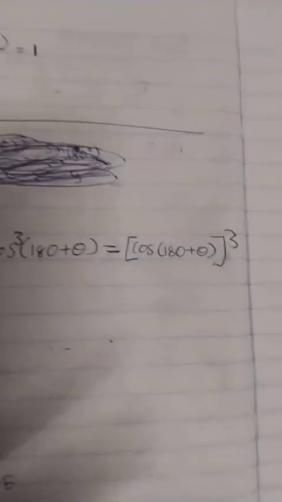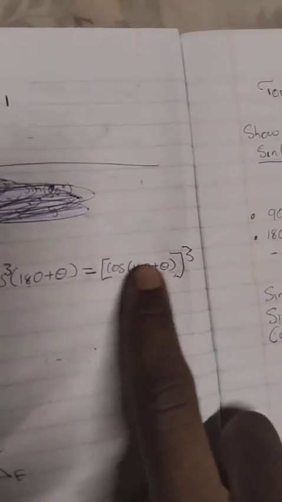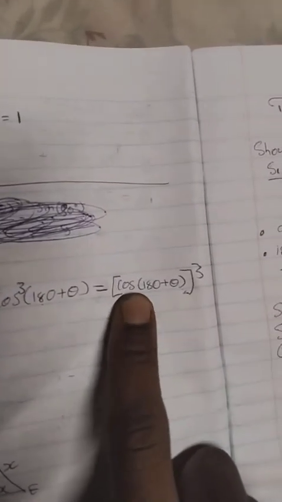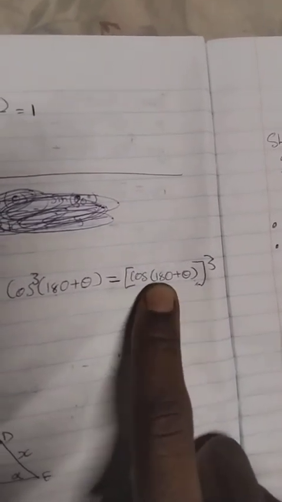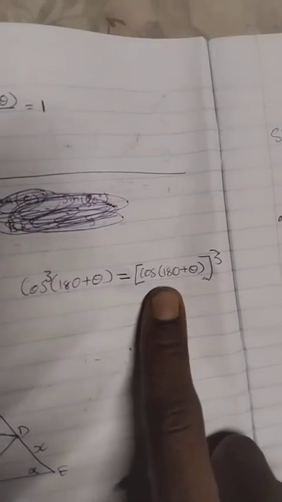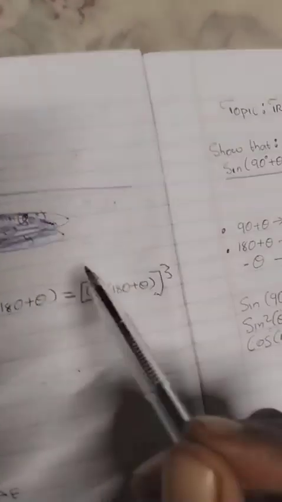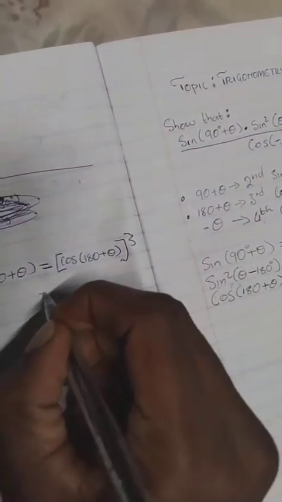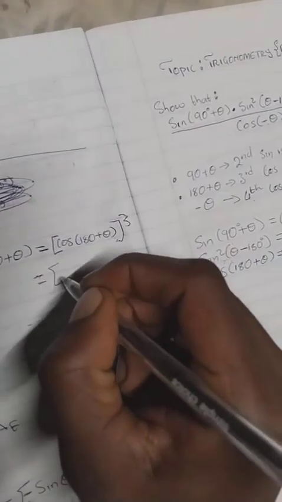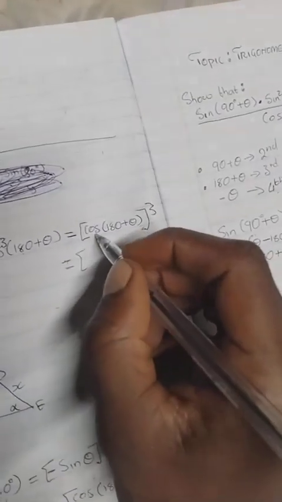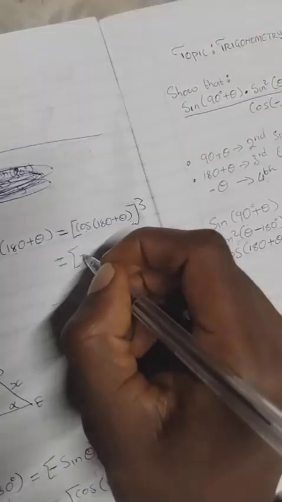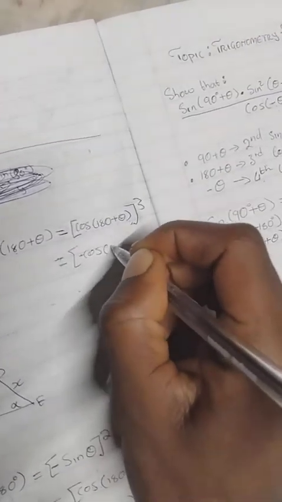How is 180 plus theta? Let us focus here. How is my cos going to be? Yes, it's going to be negative cos, right? So now we are going to have negative cos theta.